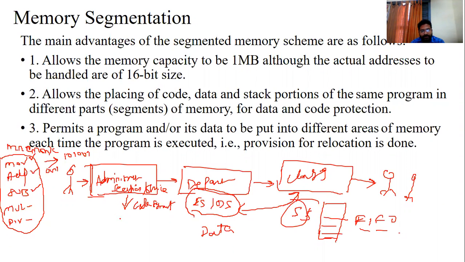Otherwise, we have 100 houses. House one, then house two, then house three, then house four, and so on up to 100 houses. Out of these 100, you are staying at the 60th house.